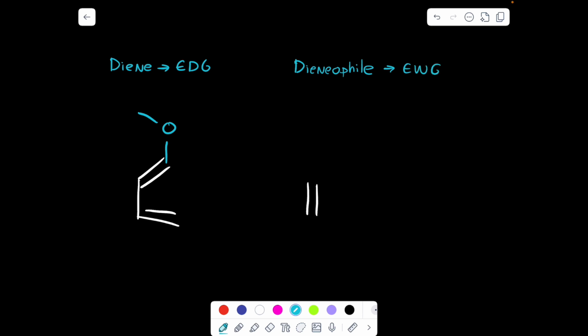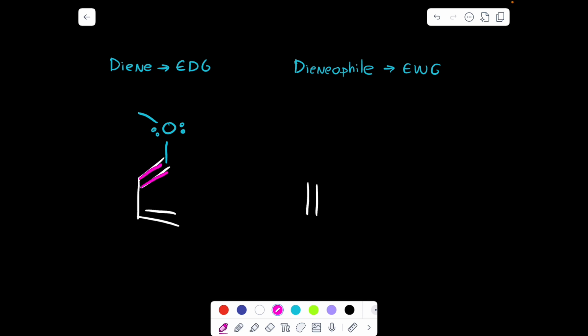Well, if we draw a resonance structure looking at the diene and we ask, does this substituent group donate electron density towards the diene or does it take electron density away from the diene?